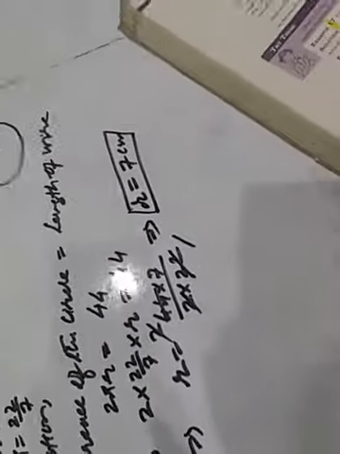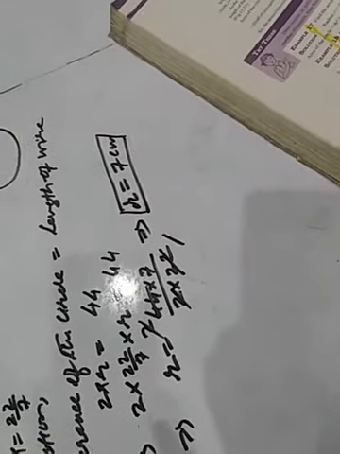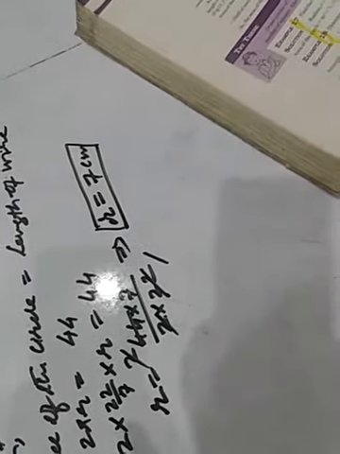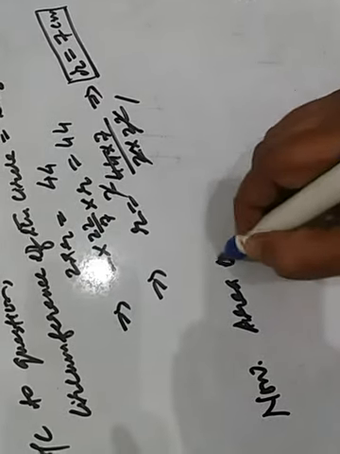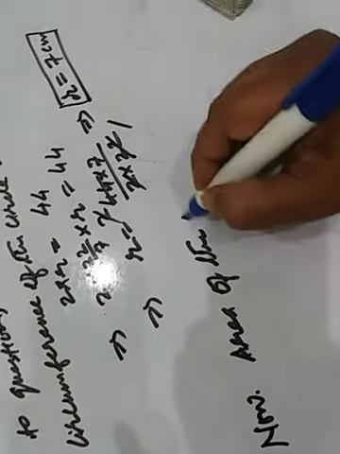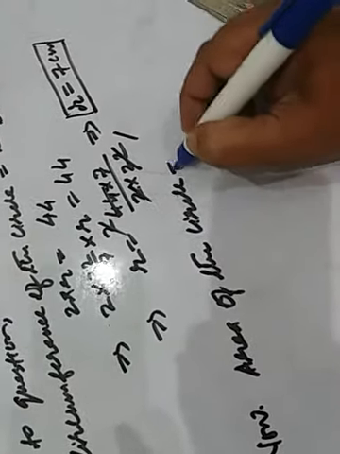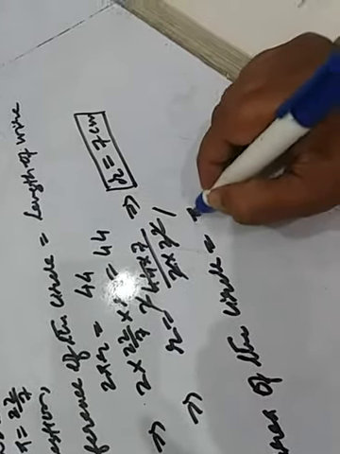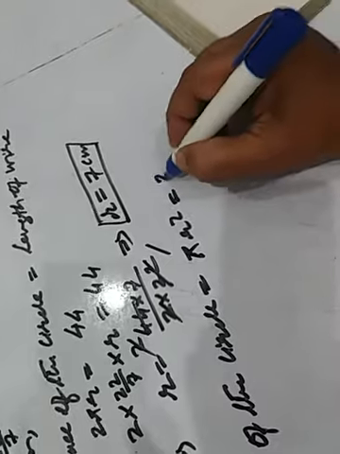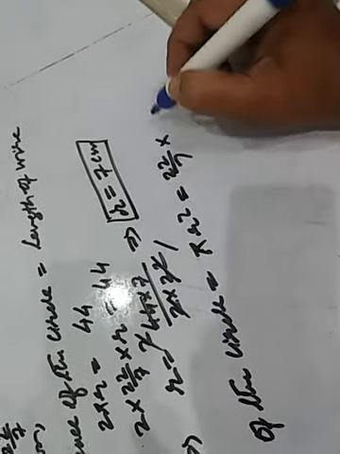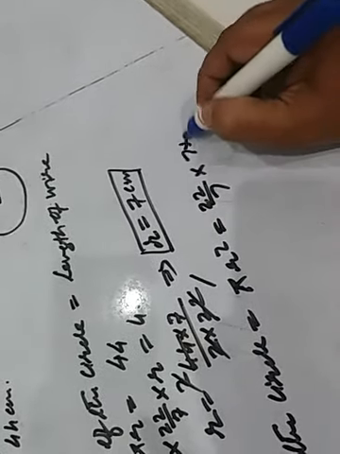Now what else we have to find out? Also find its area. Area of the circle equal to pi r square. Pi equal to 22 by 7, and r equal to 7, so 7 into 7.